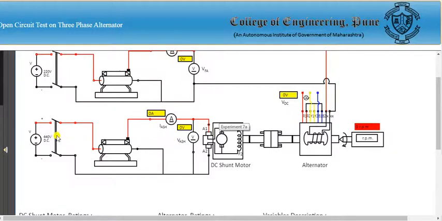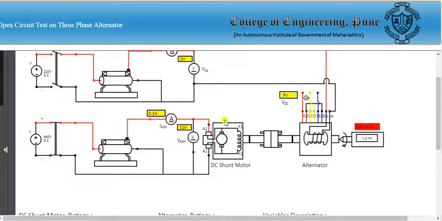First of all, click on this and it gets connected to the supply. Now it is already connected. From here we have to increase the voltage level. Now you can see the voltage is increasing.